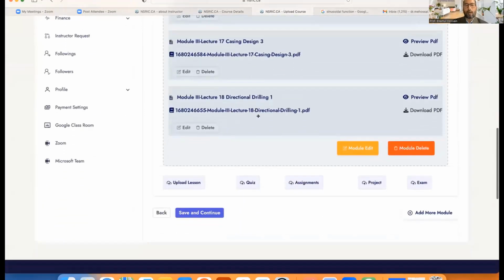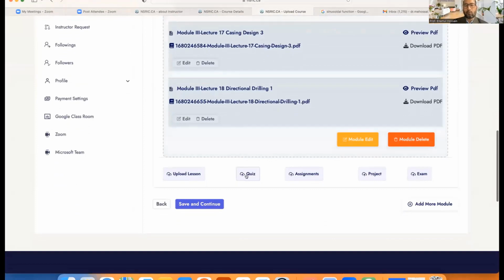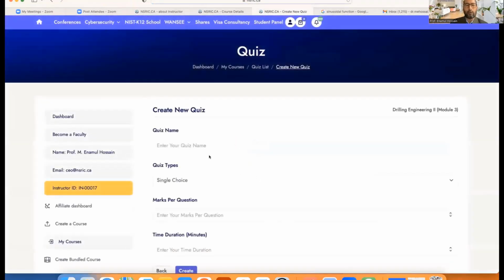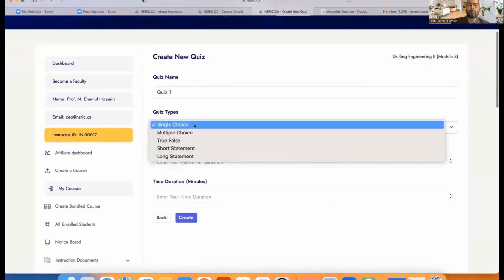This is number one. Number two, here, quizzes, assignments, and projects. This is very important. Let's say you want to upload a quiz, name the quiz, let's say quiz 1. Type of quiz, there are many setups. At least single choice, meaning you have 4 answers, so only one is the correct answer.